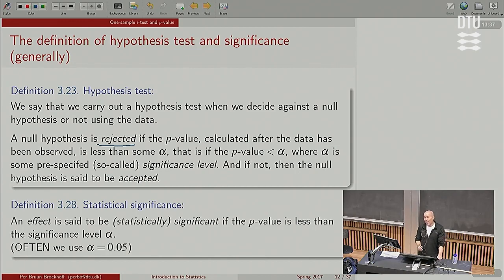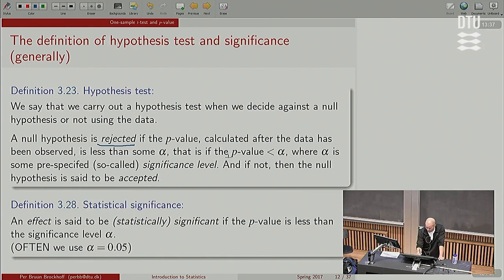So we allow ourselves to talk generally about a level alpha hypothesis test. Alpha most often is 5%. The global default choice of alpha is 5%, but to be flexible, we need to be able to work with other risk levels. Maybe in some context you want to define other risk levels. So we talk about the level alpha, typically 5%.